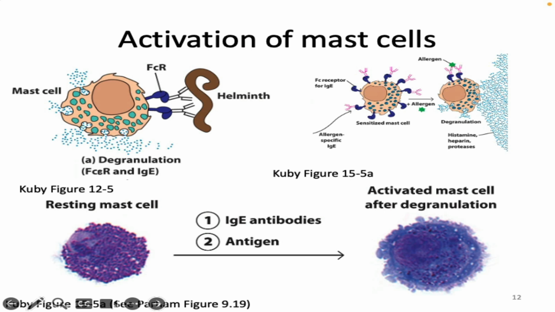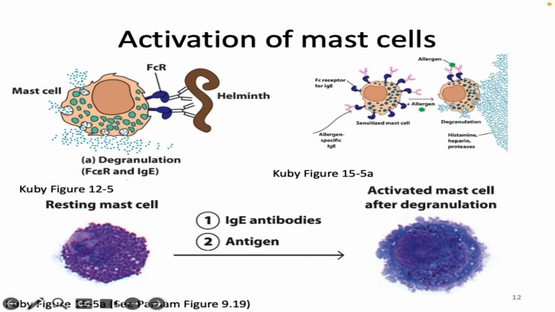And those mast cells might look something like this, full of all sorts of granules, and you can't really see all the IgE on their surface. If the mast cell comes in contact with the antigen that IgE could bind, the antigen will immediately bind to that antibody, which is already bound to this Fc receptor, and that will make the mast cell release all of its granules.